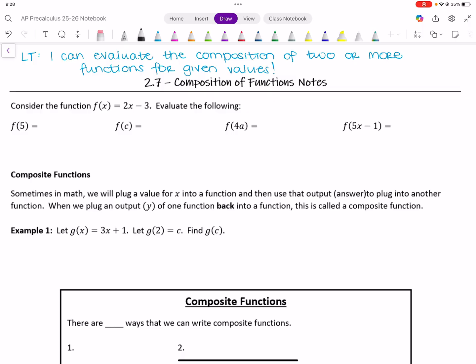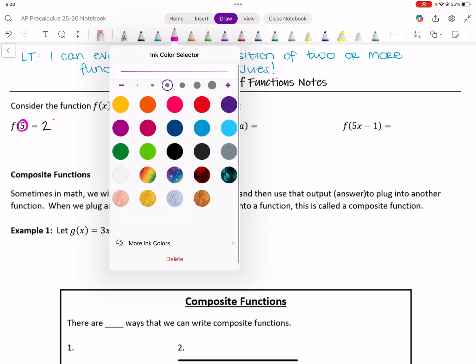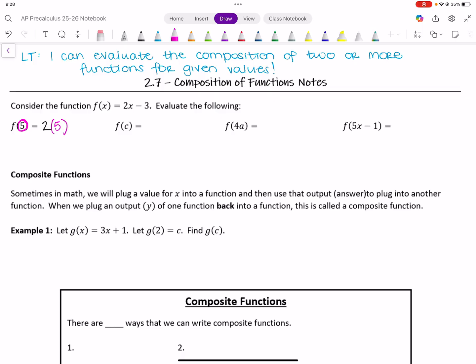So, if we think about the function f of x equals 2x minus 3, then when we evaluate that, remember, we're going to take the value we are given, like 5, and replace our variable with that number. Everything else will stay the same. So we'll end up with 2 times 5 minus 3.